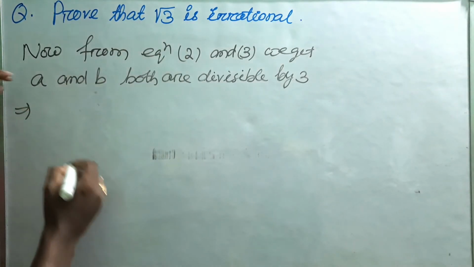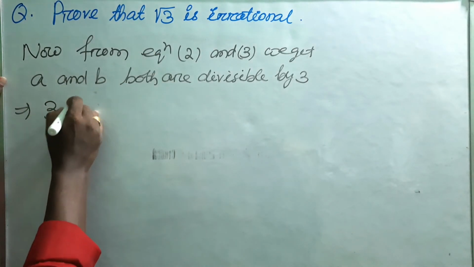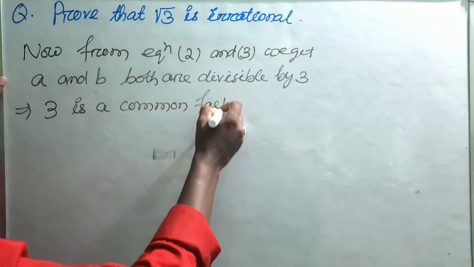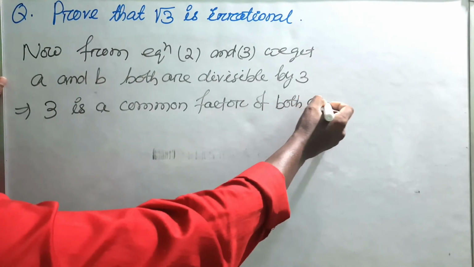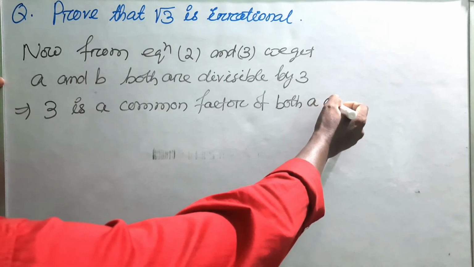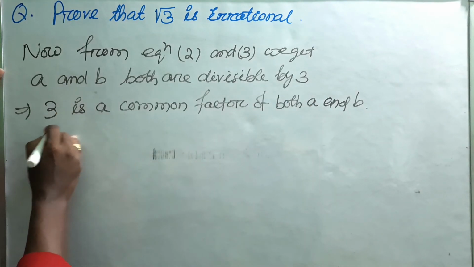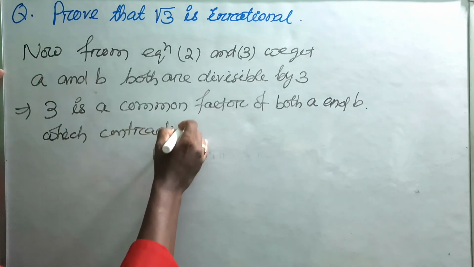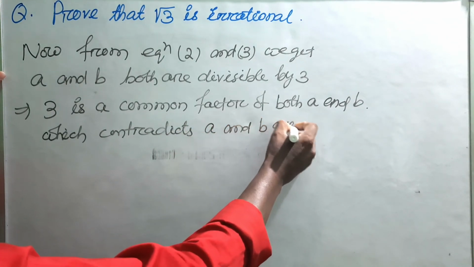So this implies 3 is a common factor of both a and b. Now 3 is a common factor of both a and b. So this contradicts that a and b are co-prime.